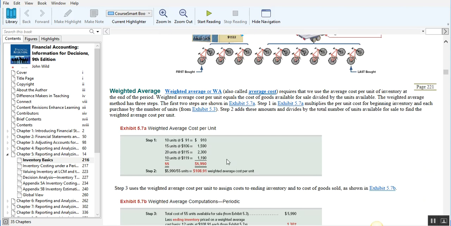With weighted average cost, what you're going to do is you're just going to take all the purchases, 55 units, all these purchases, add them up, and then add up the cost, $5,990, and take the $5,990 divided by 55 units to get an average cost, a weighted average cost of $108.91 a unit.